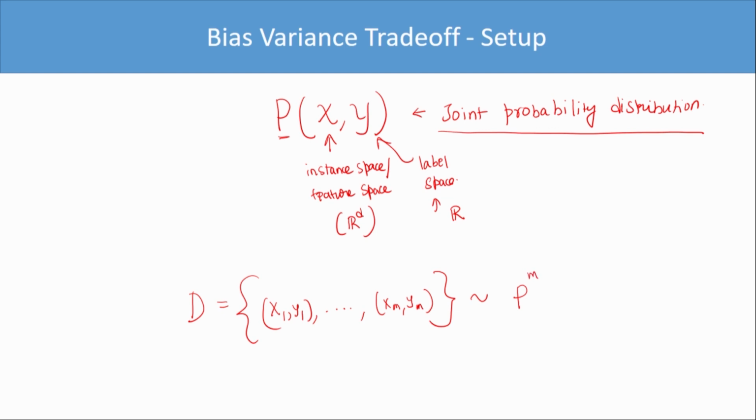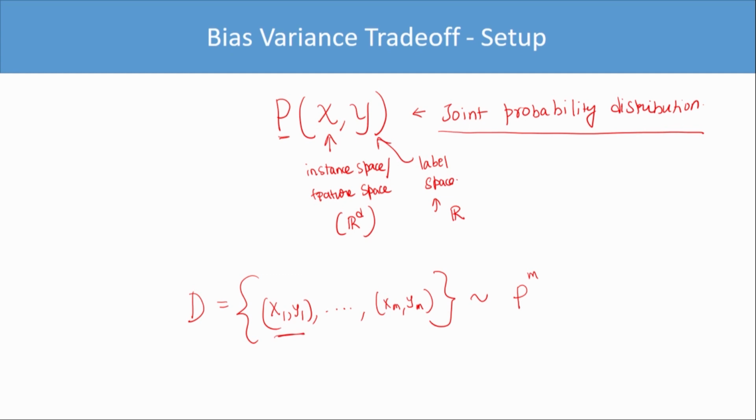What does that mean? To generate x1, y1, you look at the probability distribution and draw a sample according to it, and you get x1, y1. Now you draw another sample independent of the previous sample, you get x2, y2, and so on. You do it m different times, and that is how your data set is generated. So this is training.